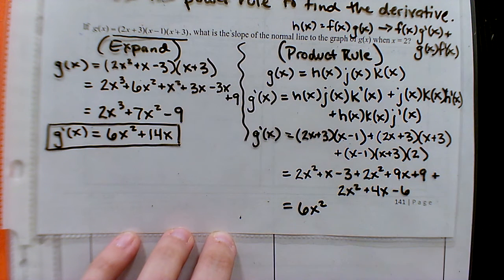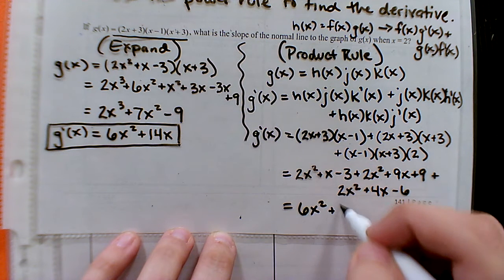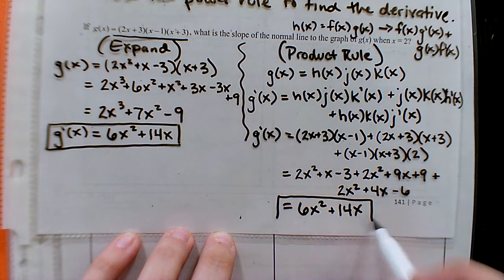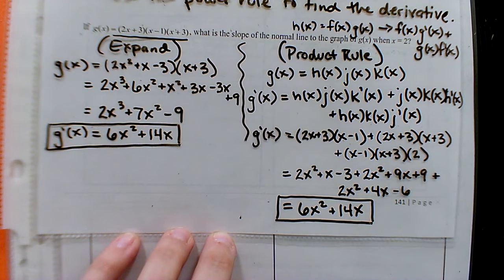We got 6x squared. Plus x plus 9x plus 4x looks like 14x. Minus 3 plus 9 minus 6. Cancel out. Okay. Notice how our derivatives match.